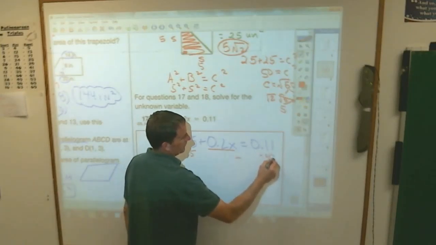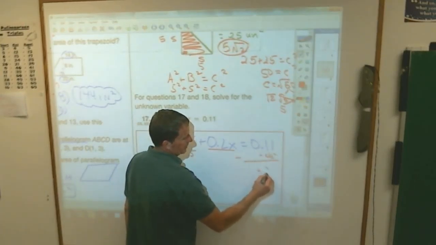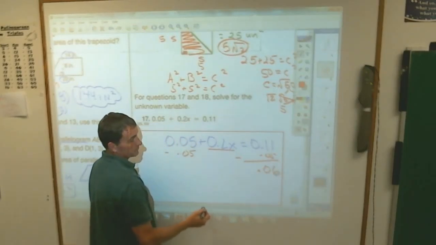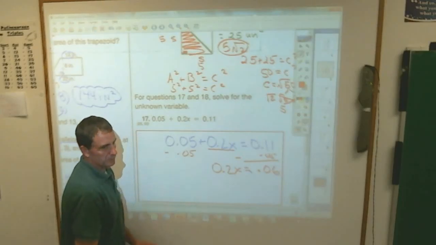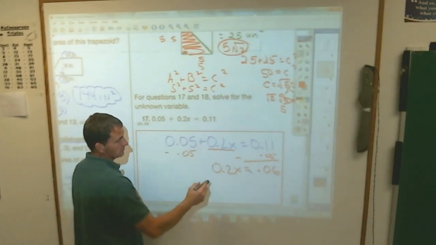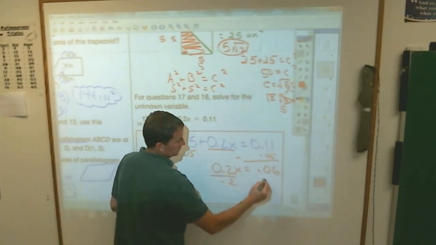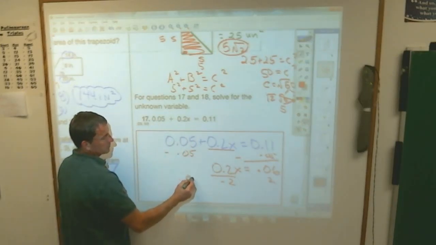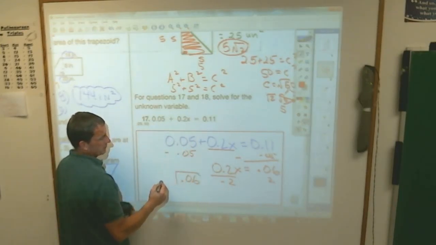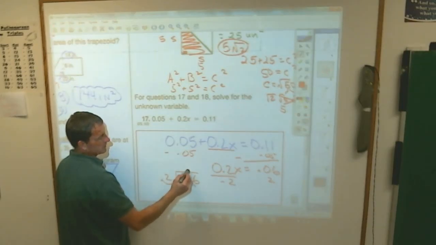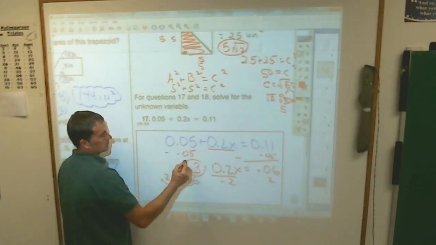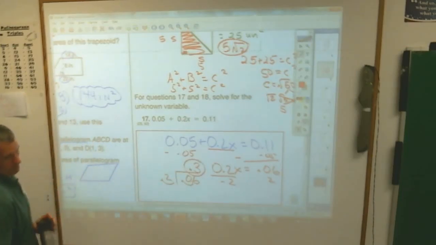If I subtract 0.05, what am I left with? 0.06, right? So now I have 0.2x equals that. I would do what? Divide. So it's 0.06 divided by 0.2. Move the decimal one place, decimal one place, decimal goes here, 2 goes into 6 3 times. So it's 0.3.